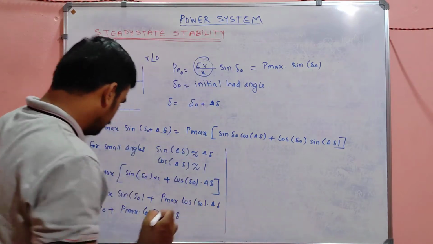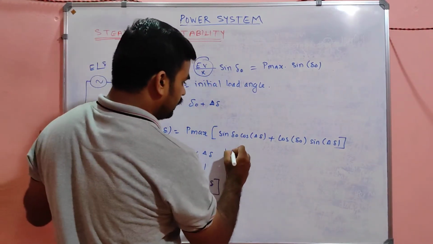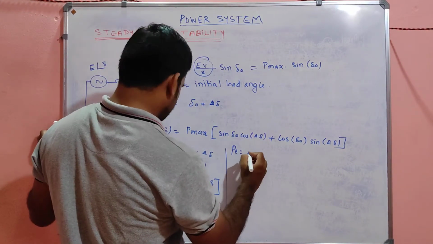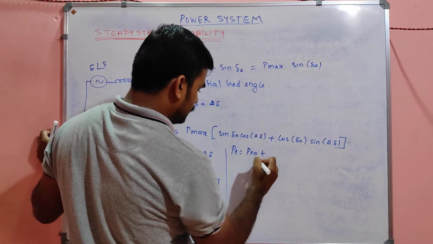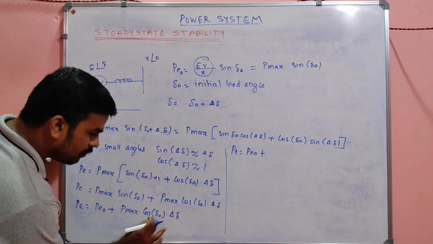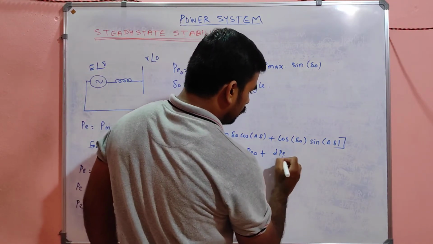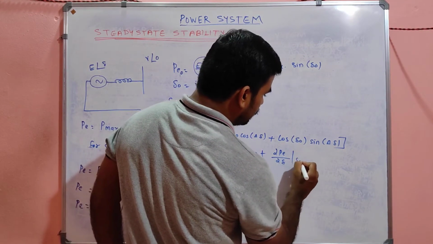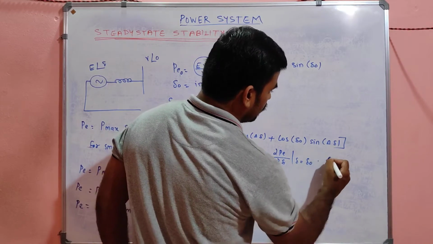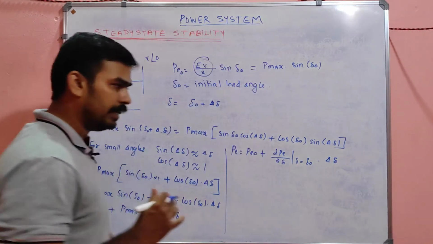And it can be written again like P is equal to P0 plus dou P divided by dou delta at del is equal to del 0 into del. Am I right, my dear?